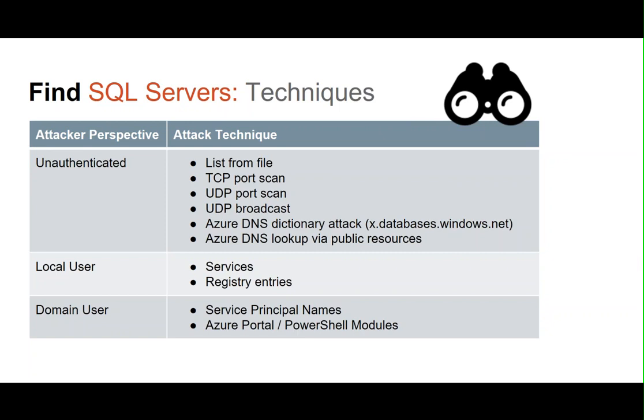But now we live in this world of the cloud, and as we're working with our clients, we see a lot of people putting their databases in Azure environments, and when they do that, they're given a subdomain essentially off of databases.windows.net. As an attacker, I can indiscriminately do dictionary attacks against that subdomain to enumerate real database endpoints that are potentially exposed to the internet.